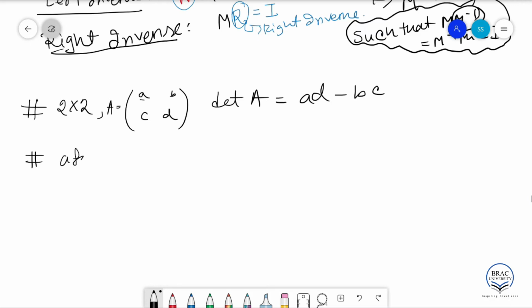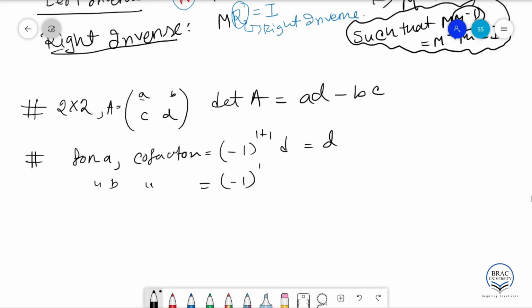So for a, the cofactor is (-1)^(1+1) times d, which is just d. Similarly for b, the cofactor is (-1)^(1+2) times c, which is minus c.